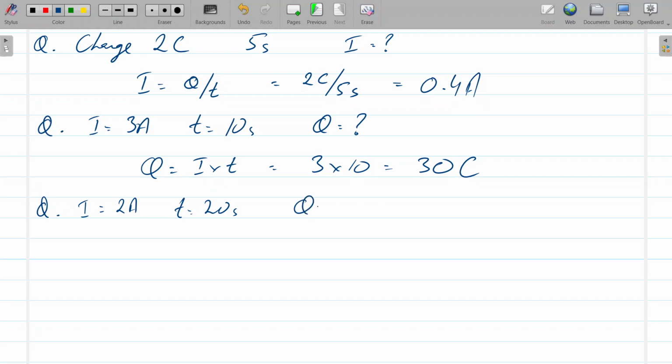So what is Q? Again, Q equals I into T. So what would it be, Sobia? It will be 2 multiplied by 20, which will give me 40. 40 what? Coulomb, yeah.